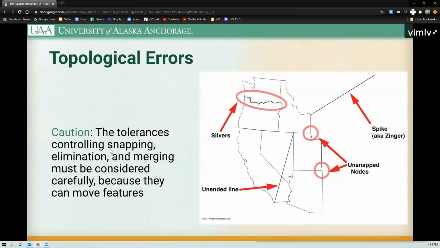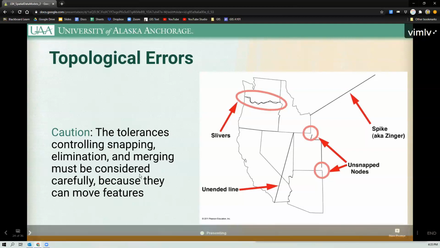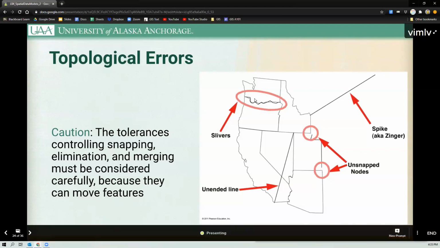So here's a really good visual representation of the errors that I commonly see, especially in CAD files coming from people who don't enforce topology, that you would avoid by using topology rules. So slivers in between polygon features are really common when you're drawing your polygon and you're following a line that you've already created, and you're not snapping to the nodes along that line.